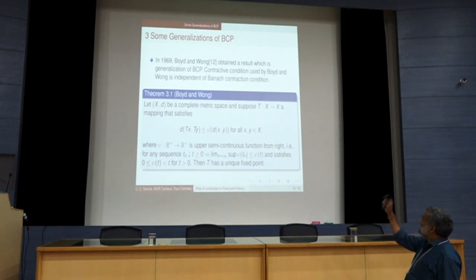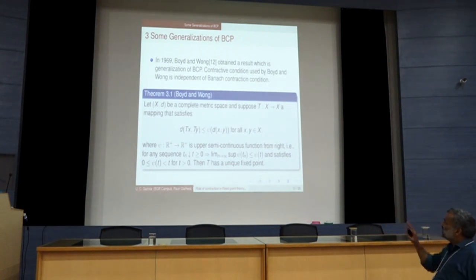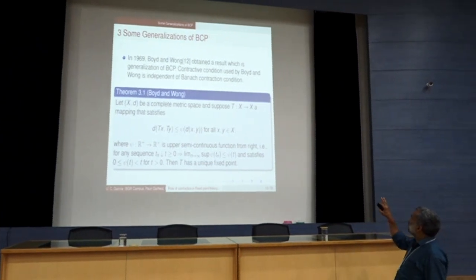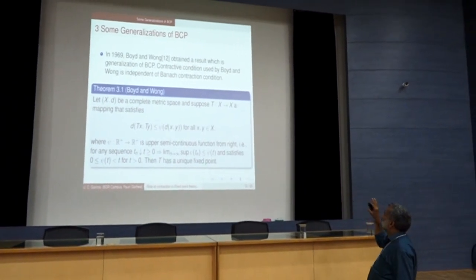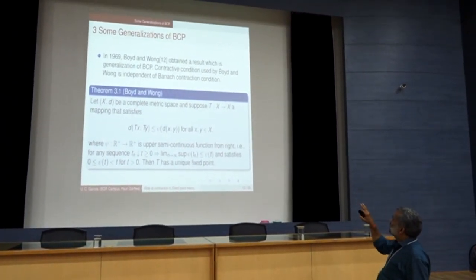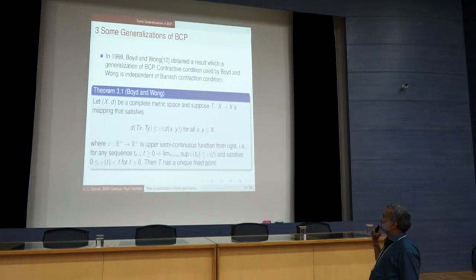So, some generalizations of the Banach contraction principle. In 1976, Boyd and Wong obtained a result which generalized the BCP. The contractive condition used by Boyd and Wong is independent of the Banach contraction.